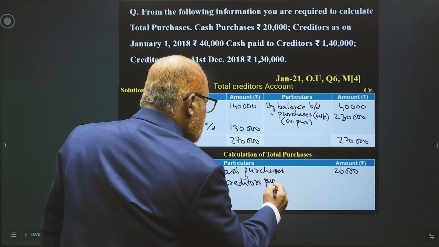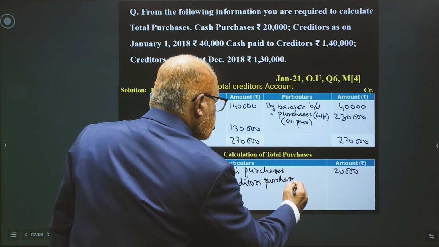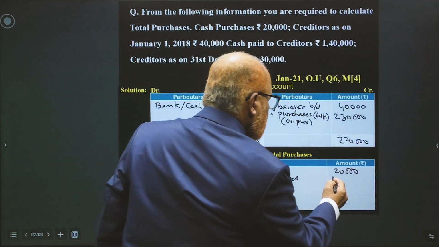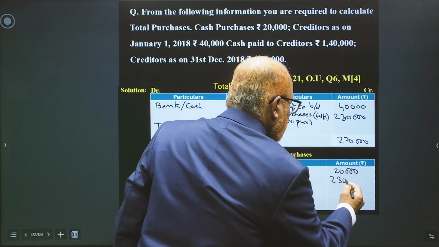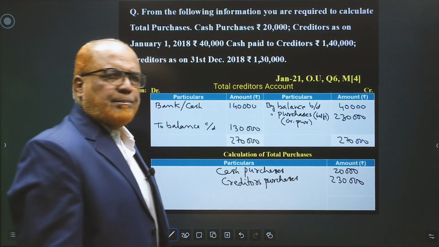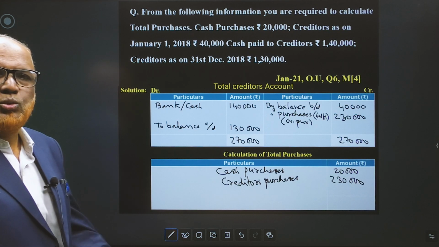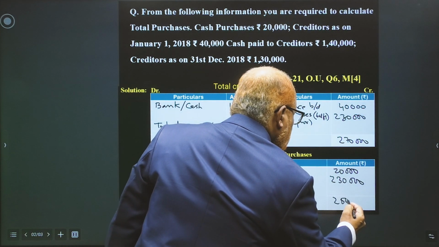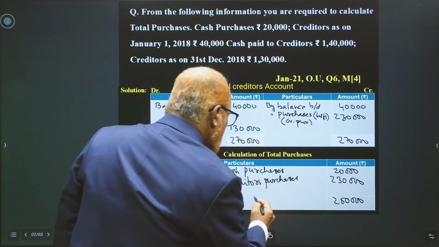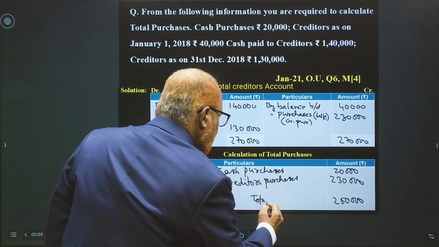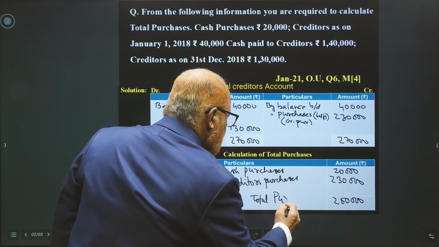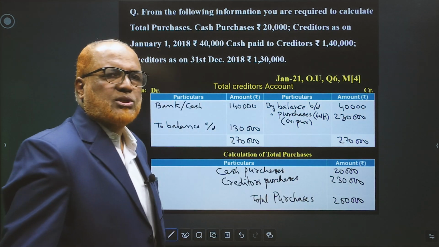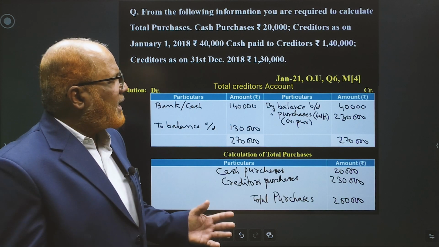The credit purchases are 2,30,000. Now simply add up 20,000 plus 2,30,000. The total purchases are 2,50,000. This is called total purchases. That's all. This is the end of this problem.